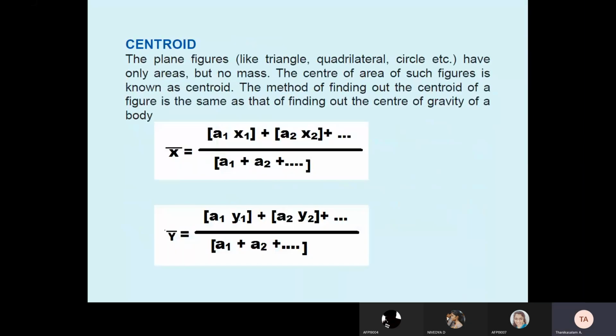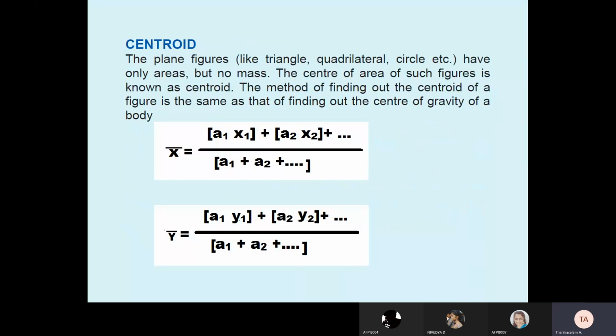Now centroid. See, center of gravity is based on weight. All the body weight is acting towards the earth due to gravitational force, no? When you say gravitational force, that is W equal to mass into gravity. Weight equal to mass into gravity. When you say with respect to area, they call it centroid.